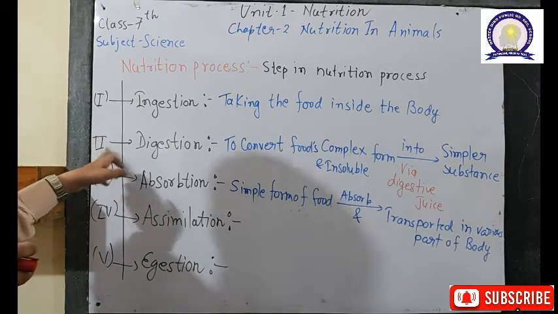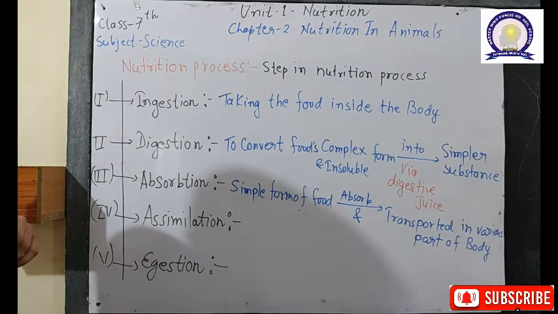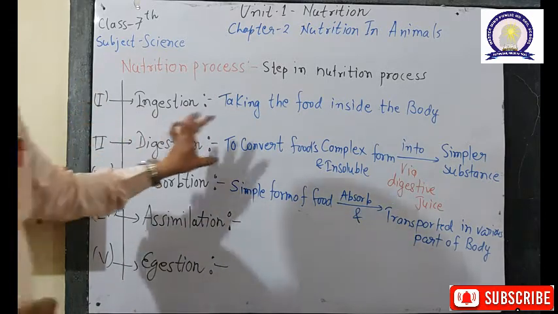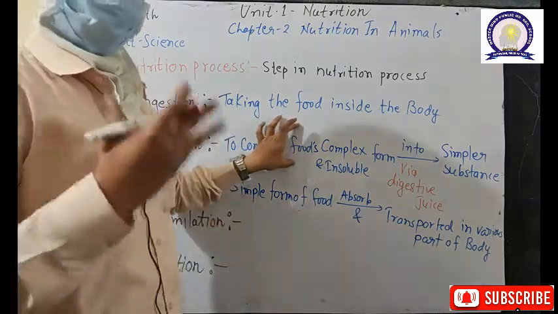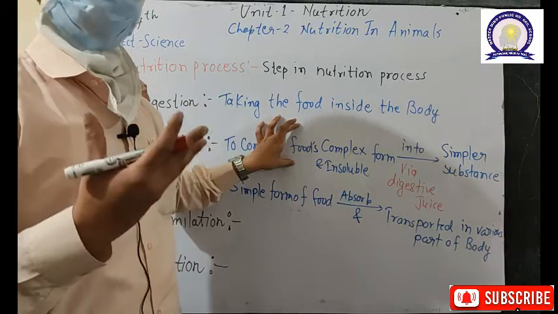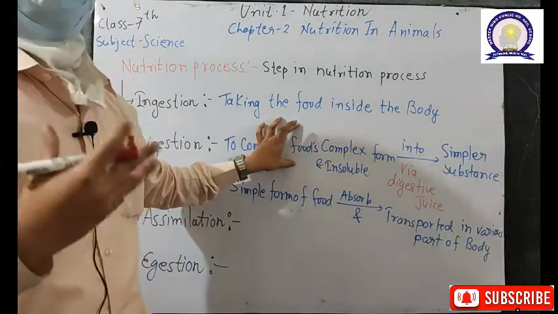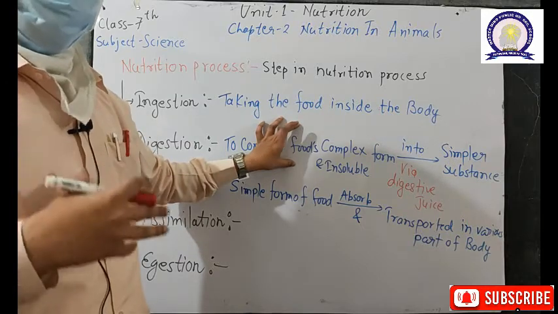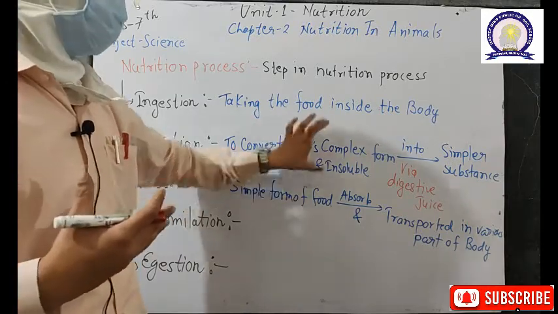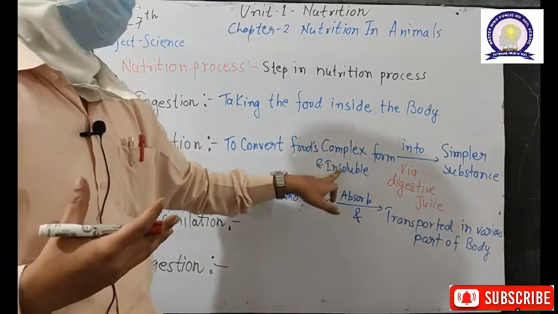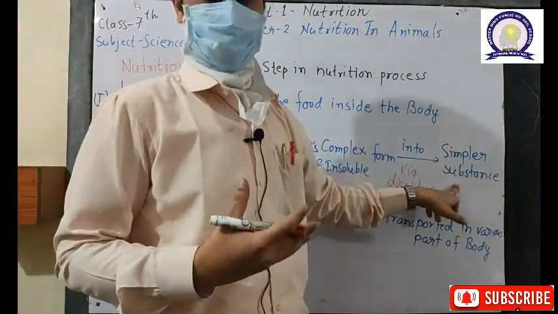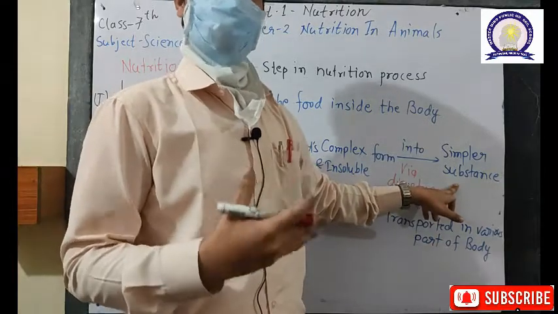The second step is called digestion. Digestion simply means converting food. The food material contains some complex and insoluble material. So digestion means that inside the body of the animal we convert these complex and insoluble food items into simple substances that can be absorbed in the further process.